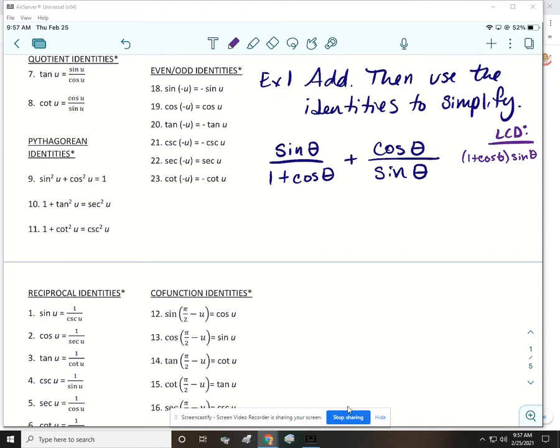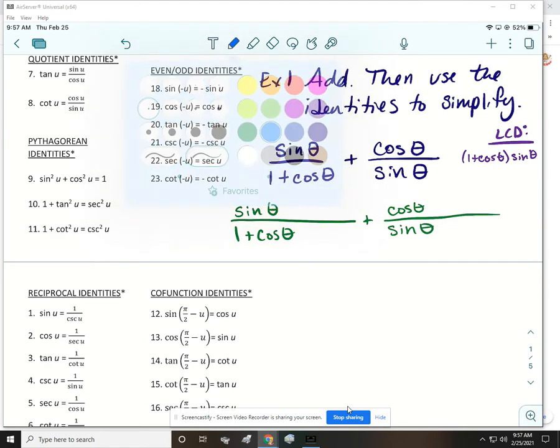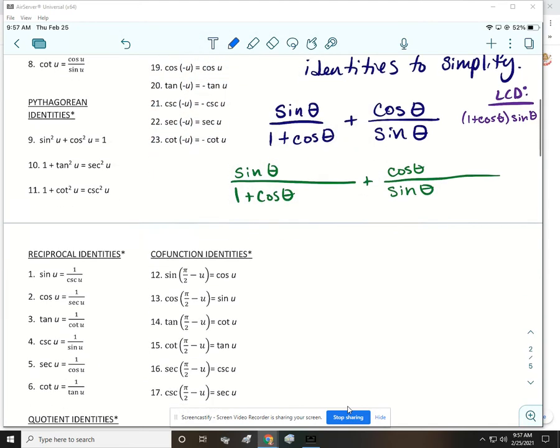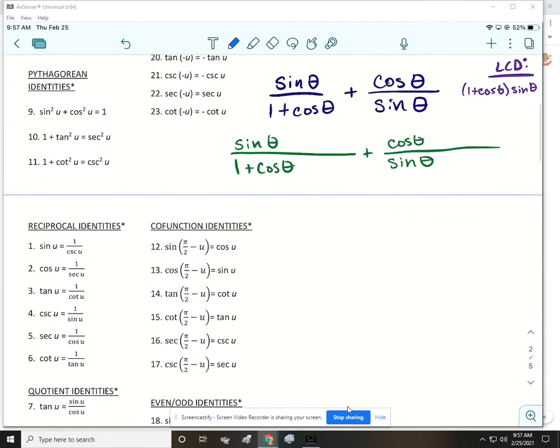Okay, so I'm going to rewrite the problem, but I'm going to leave some space to change these. So anyway, I'm going to make longer fraction bars and just rewrite the problem. All right, and then I'm going to multiply by what these need to have the common denominator.